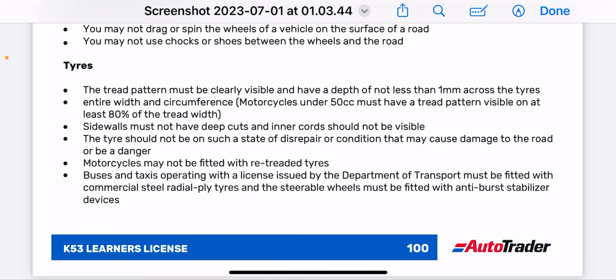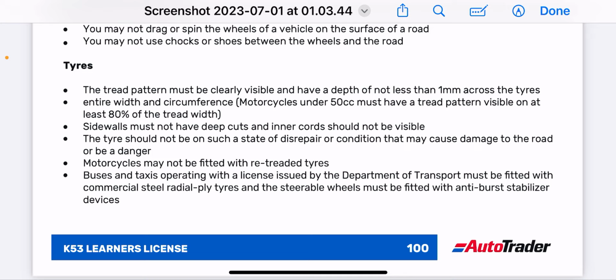And then you have the rules with regards to your tires. The tread pattern must be clearly visible and have a depth of not less than 1 millimeter across the entire width and circumference. Motorcycles under CC must have a tread pattern visible on at least 80% of the tread width.